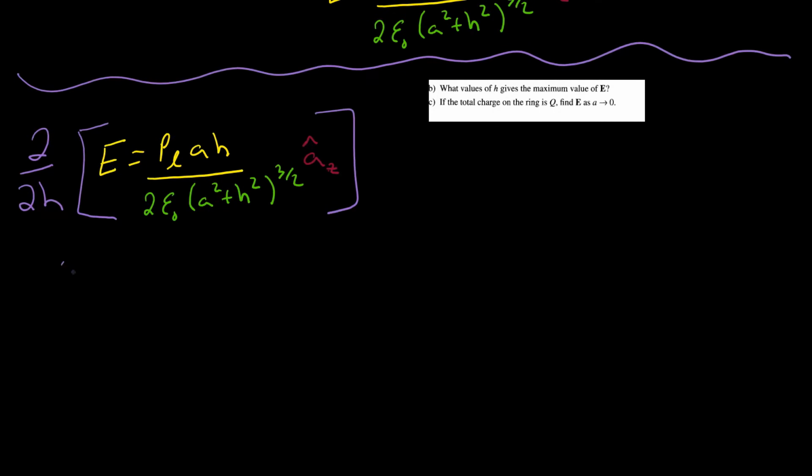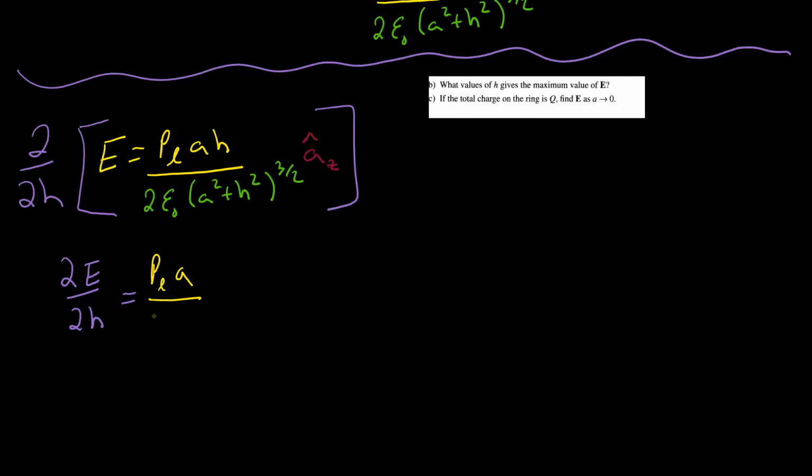We're going to have dE/dH equal to, first let's take out the constants, rho L A over 2 epsilon 0, and then the derivative with respect to H of H over (A squared plus H squared) to the 3 halves.